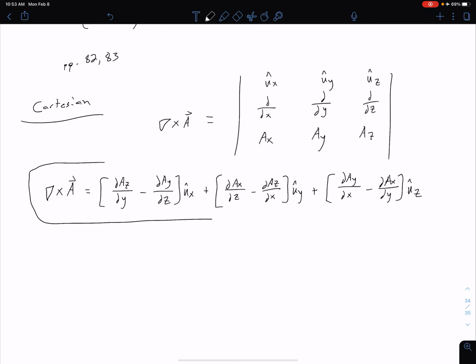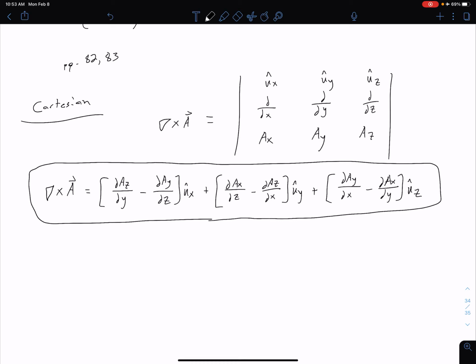Again, this is something that you don't need to remember, but just something that you can reference. Something that can help you recognize that it's in the correct form a little quicker is that the term multiplied by u of x, in our x direction, only has things concerning z and y. We have the partial of A sub z with respect to y and the partial of A sub y with respect to z.